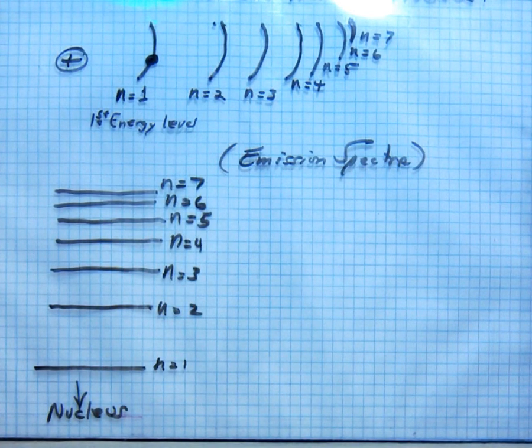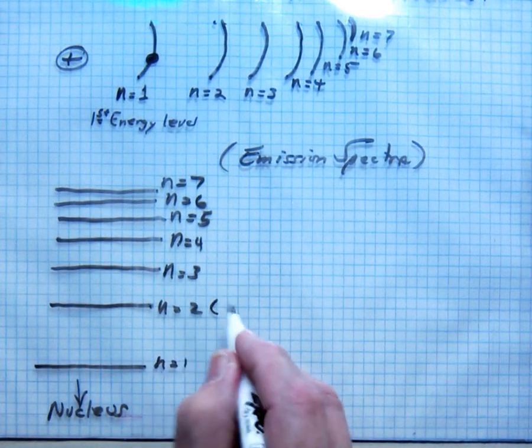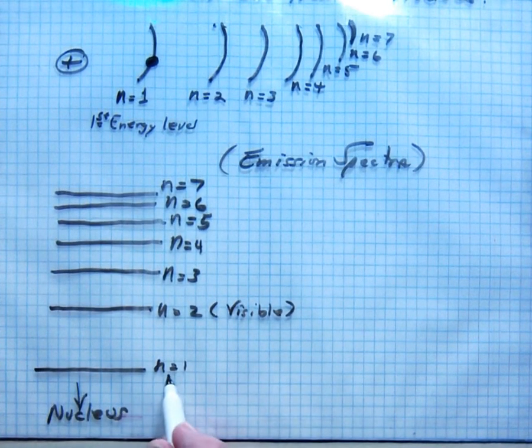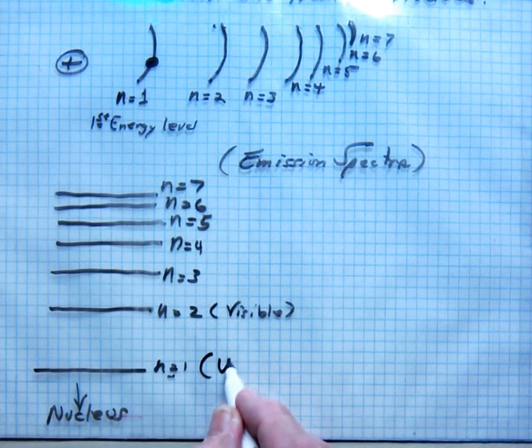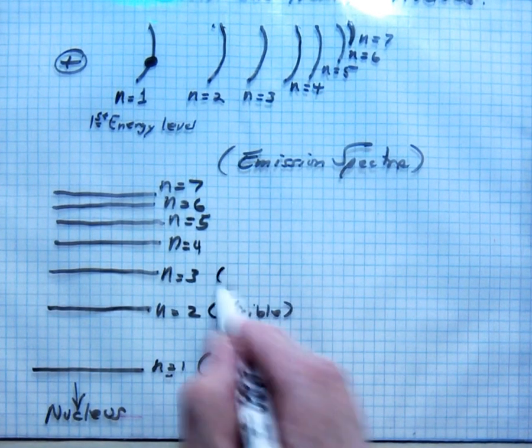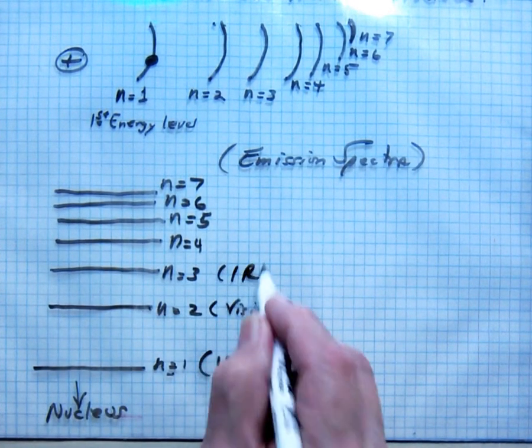Why? Because that's where the visible range is. Ending on n=2 is the visible. If it ends on the n=1, it's ultraviolet, UV transitions. You don't see those. Those are invisible. If it ends on n=3, as they fall back down, it's the infrared, IR spectrum.